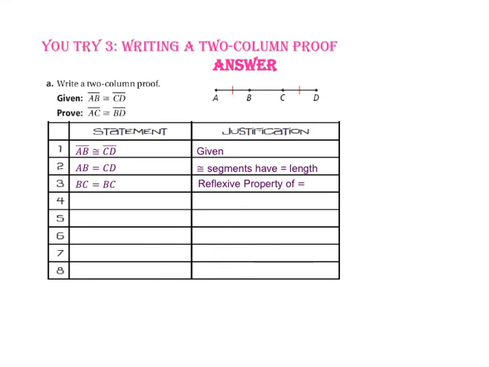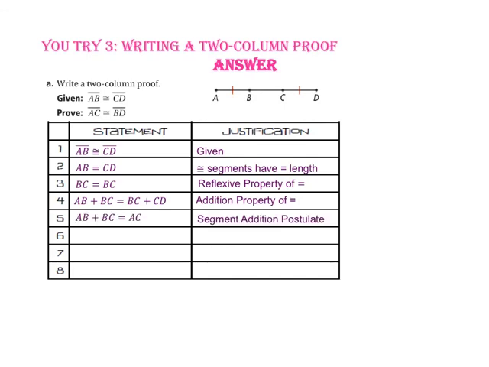For statement 4, the length of segment AB plus the length of segment BC will equal the length of segment BC plus the length of segment CD. That is the addition property of equality. In step 5, the length of segment AB plus the length of segment BC equals the length of segment AC. That is the segment addition postulate.